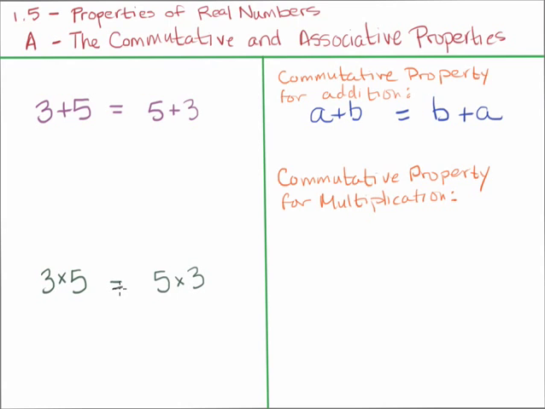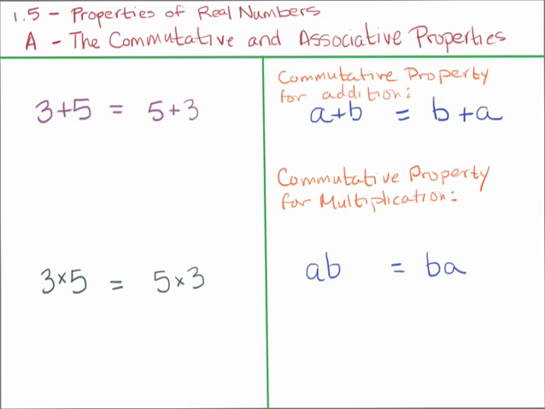And in fact, we know this is true. 3 times 5 is 15, and 5 times 3 is 15. The commutative property for multiplication says that a times b is equal to b times a.